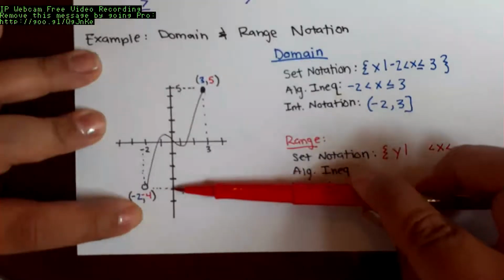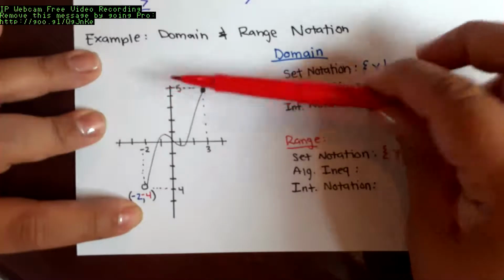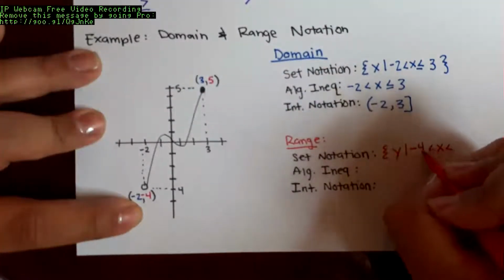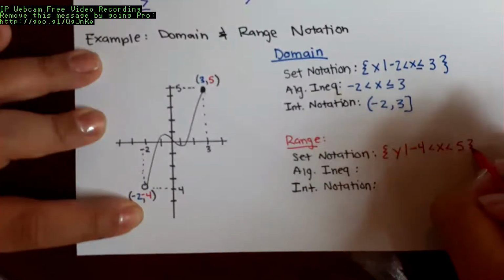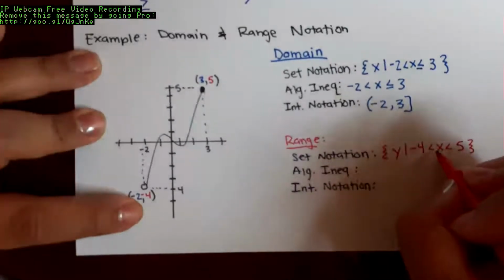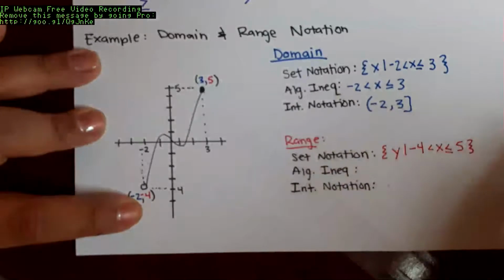And it's going to cover all my values of y up until 5. So I'm going to start at -4. I'm going to go all the way up until 5, close my curly brace. So now my -4 is open circle, my 5 is closed circle, so that's going to be equal to.